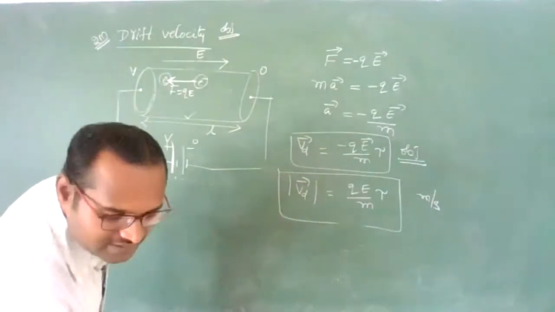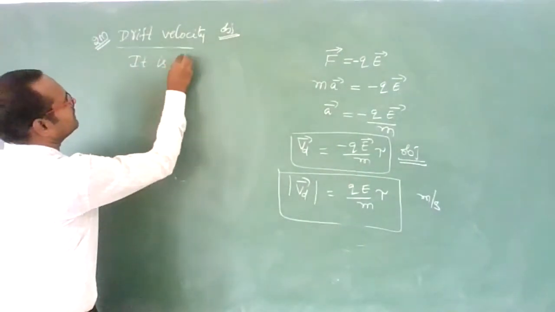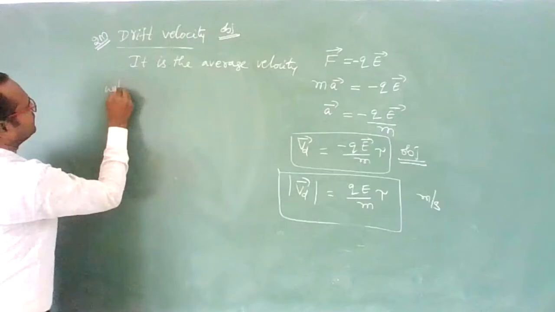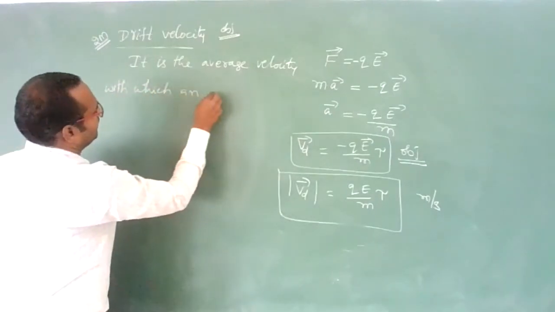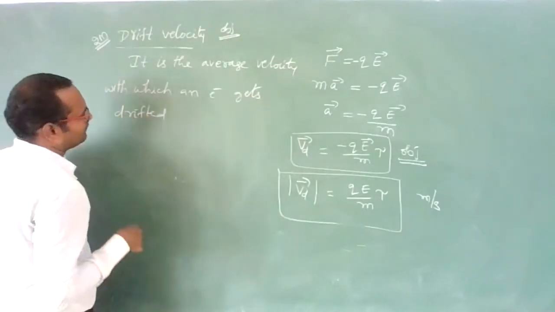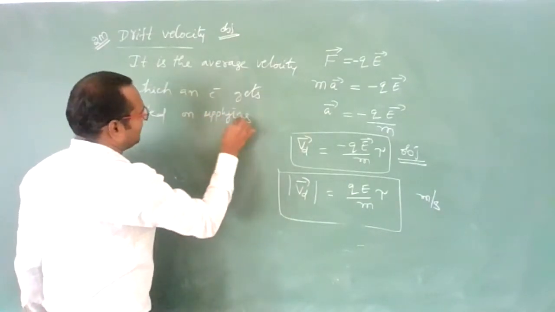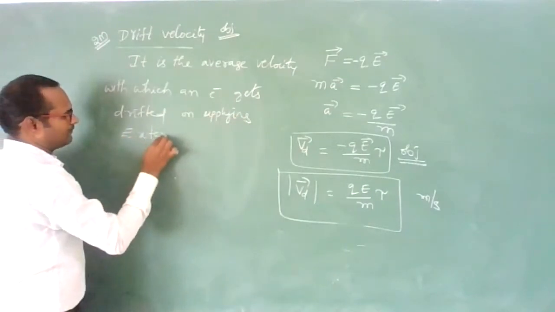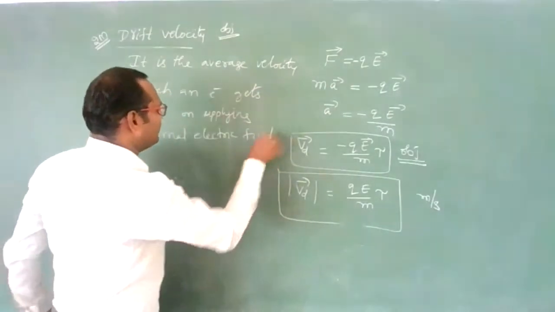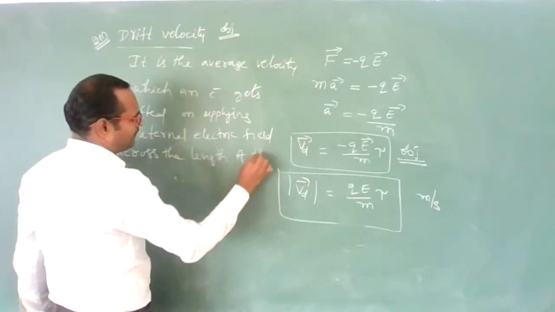Drift velocity, I'll write here. Drift velocity is the average velocity with which an electron gets drifted on applying external electric field, the field across the length of the conductor.